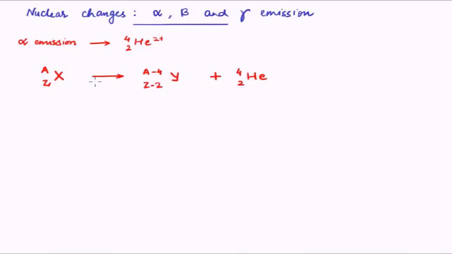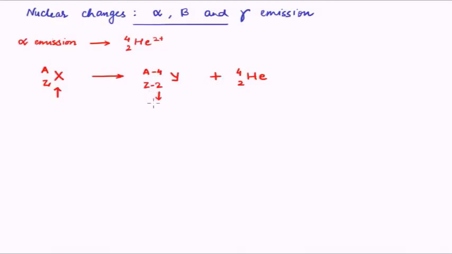So what is happening is that in the nucleus, the parent material loses 2 protons. Z minus 2 means 2 protons are lost, and A minus 4 means 4 nucleons are lost.